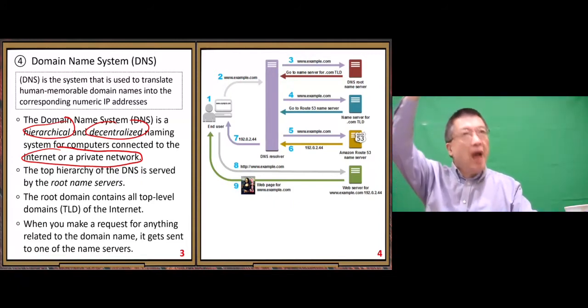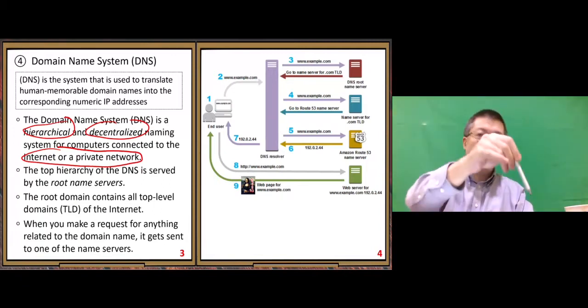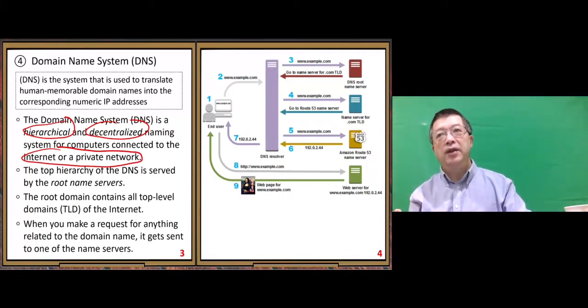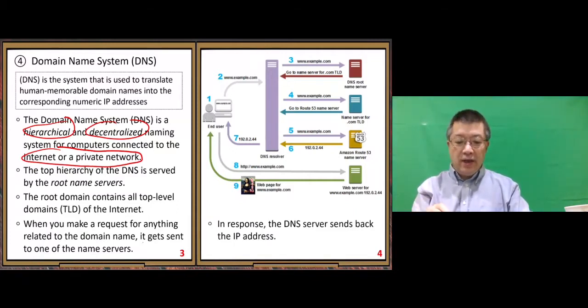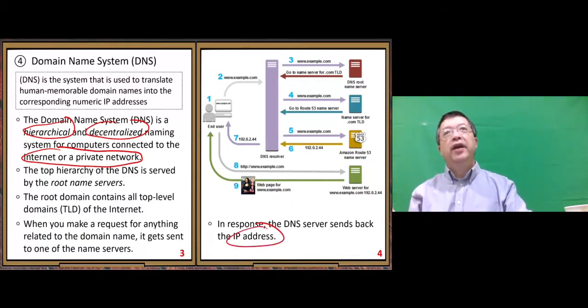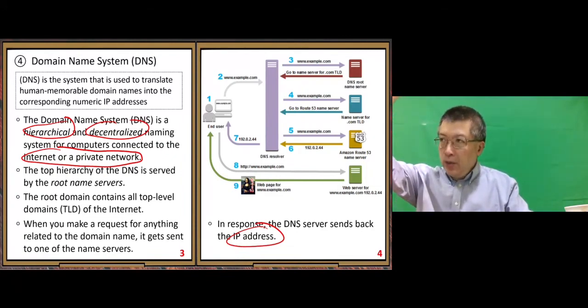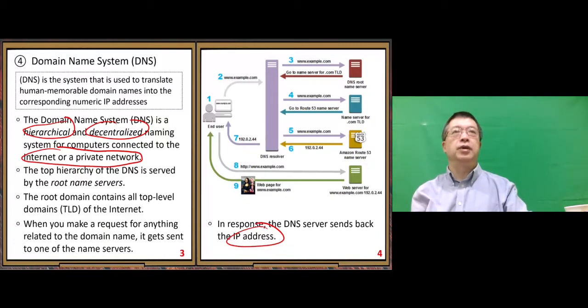Each time going down one level in the hierarchy. And at the end, the IP address comes back. That's the result, then the domain name service is completed. So you can use that IP address to send a request to the real server you want to reach. That's the whole procedure.